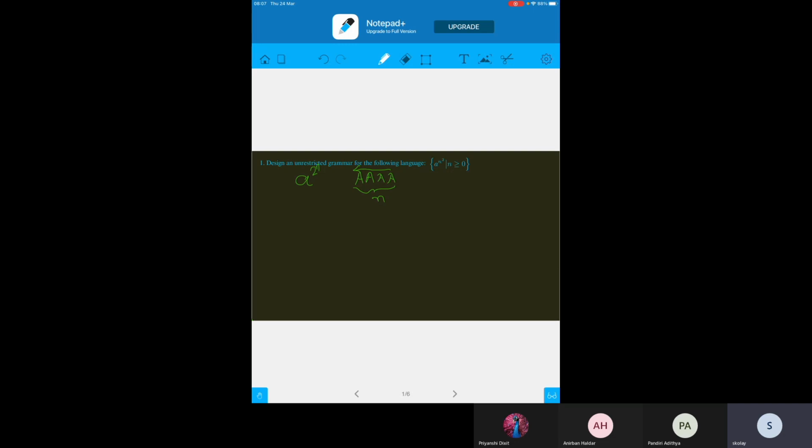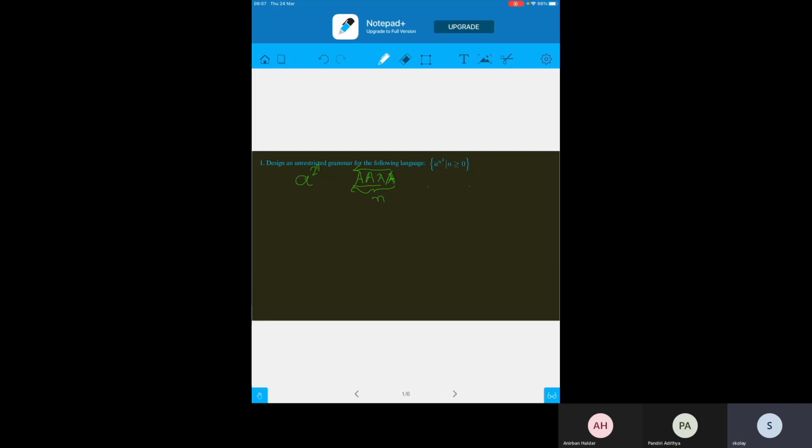So if from this a I moved left, look at the number of a's I created. The next time I move left, I'm going to create double the number of a's. Right? This was the idea.